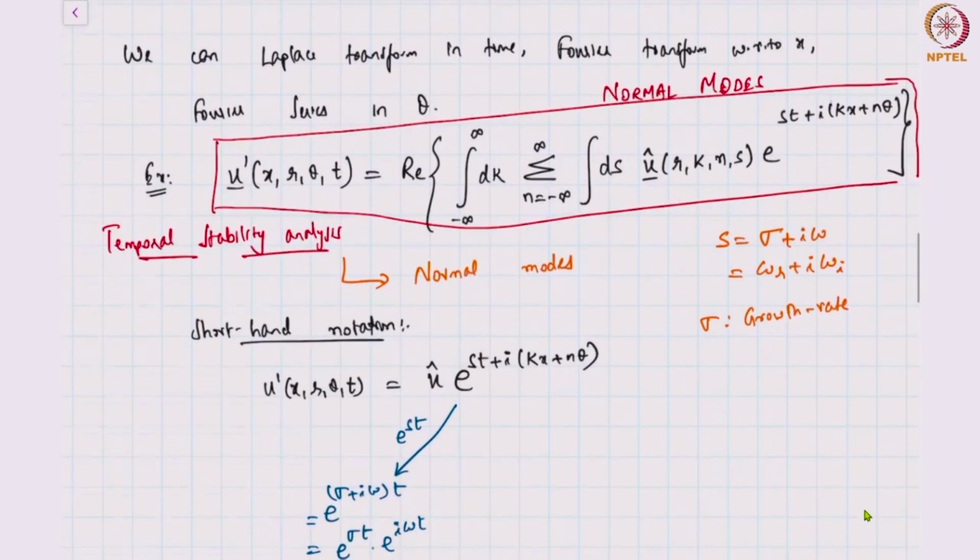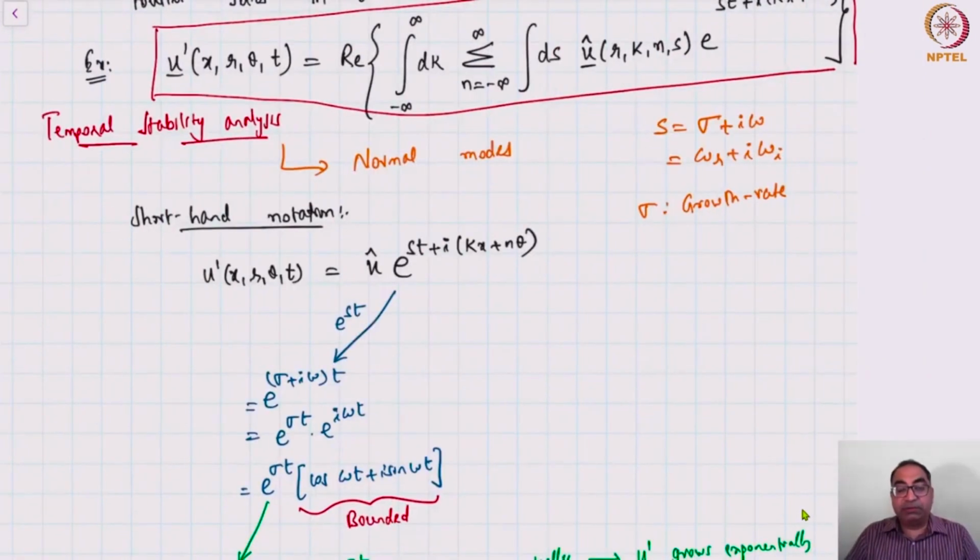And typically when I do problems, I will not write the real part or the complex conjugate because they are assumed to be taken into account. In any case, physically a complex velocity field does not have any physical meaning. So we take only the real part.